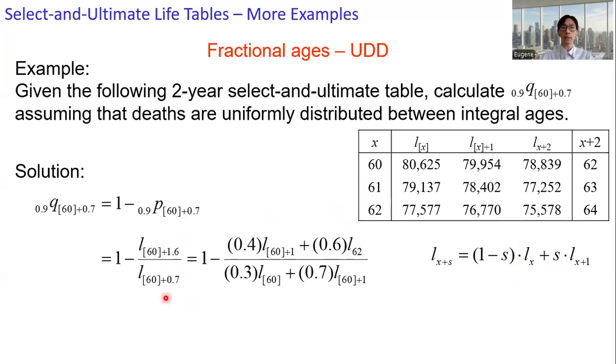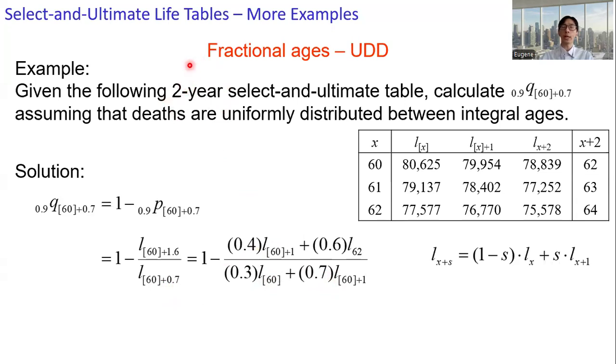Similarly, for the denominator, the age 60 plus 0.7 is between the two integral ages 60 and 61. L60 and L61 are within the select period. So we have the square bracket 60. And this is a 2-year select period.